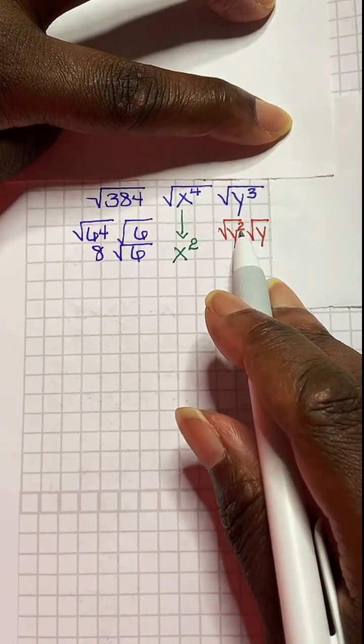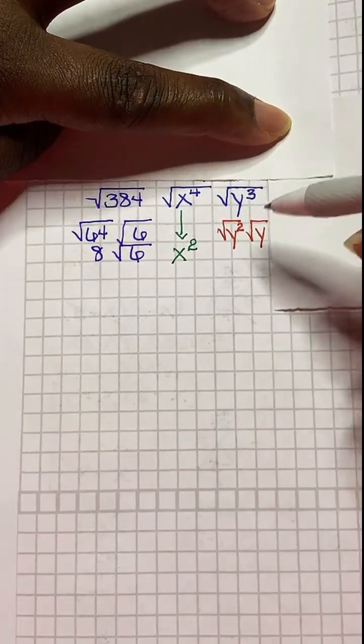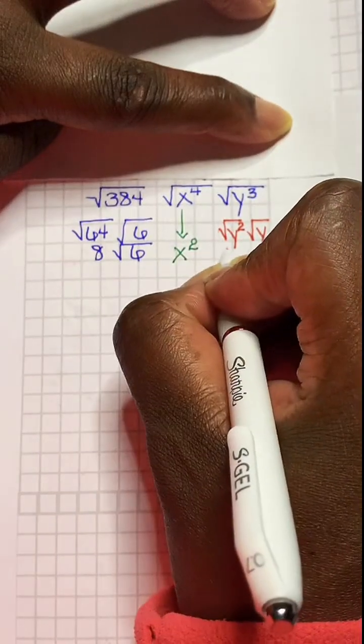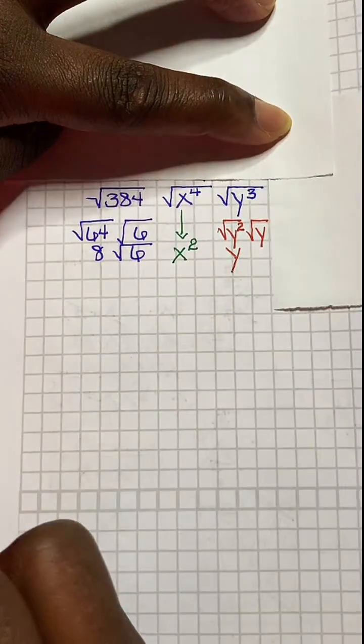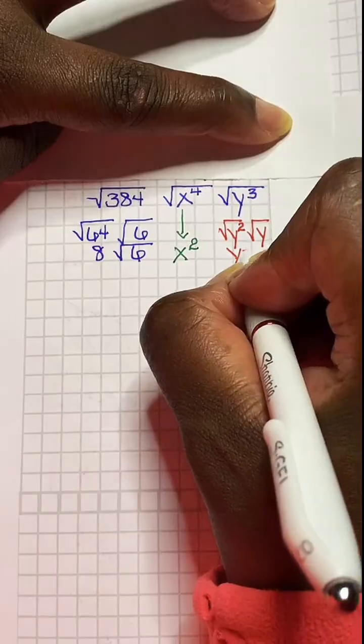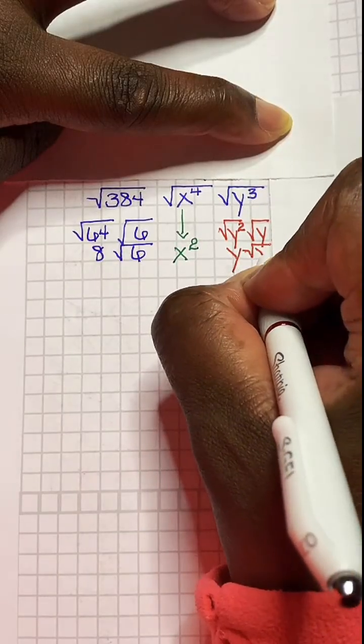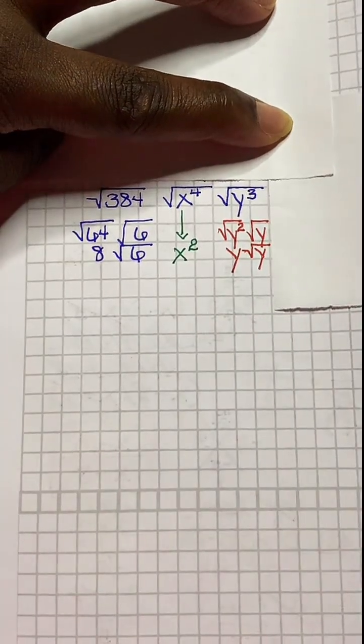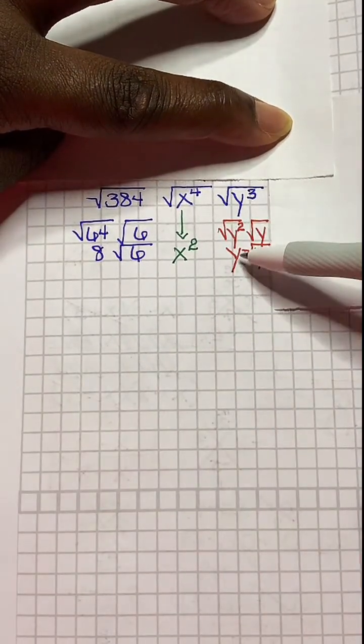So the square root of y squared, remember the square root and the squares cancel each other out. So it will give me my y without the radical, but it will leave behind a square root of y. Maybe if I write it like this, you might understand how I went from here to here.